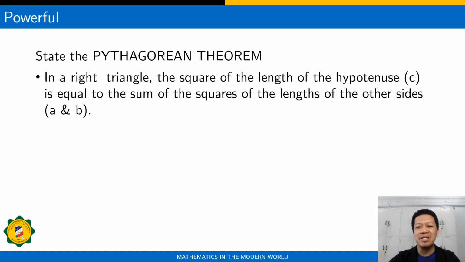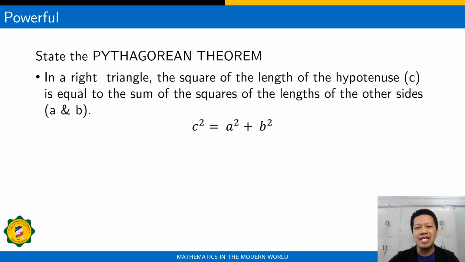So let's say the Pythagorean theorem. You are very familiar with its equation, isn't it? Using a, b, c as the sides of the triangle, we have the Pythagorean theorem as c squared is equal to a squared plus b squared. Maybe you're so familiar with that equation, but to state it in a sentence, maybe some of you do not know how to state it.